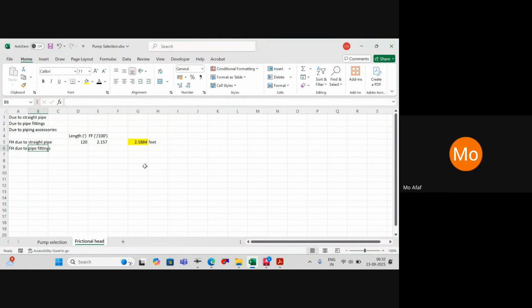Instead of doing this exercise, I'll write friction head due to pipe fittings and accessories. I'll write serial number, description, meaning what it is basically.